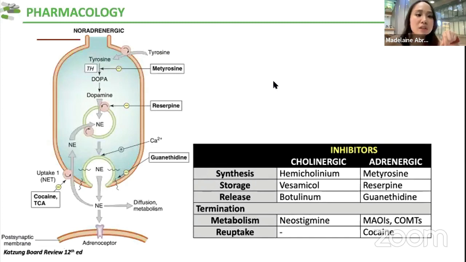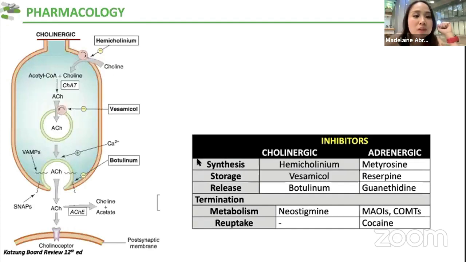First for the cholinergic, what's important here, which I always emphasize, is which steps are targeted. So for your synthesis step, hemicholinium, I'm just halfway through, I haven't done it yet. It mimics acetylcholine. So hemicholinium is the synthesis phase. What's the counterpart in adrenergic? What is the precursor amino acid of the adrenergic neurotransmitters? Remember this, it will be asked in biochem. The precursor amino acid of the neurotransmitters is tyrosine.